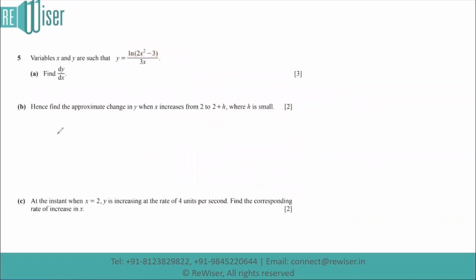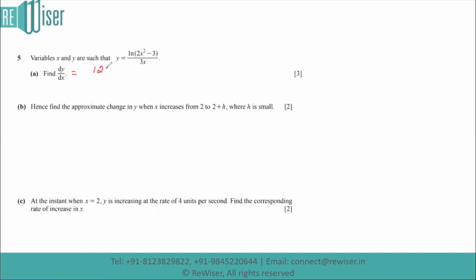Next, part B: hence find the approximate rate of change in y when x increases from 2 to 2 plus h, where h is small. In the previous part, we got the value of dy/dx.